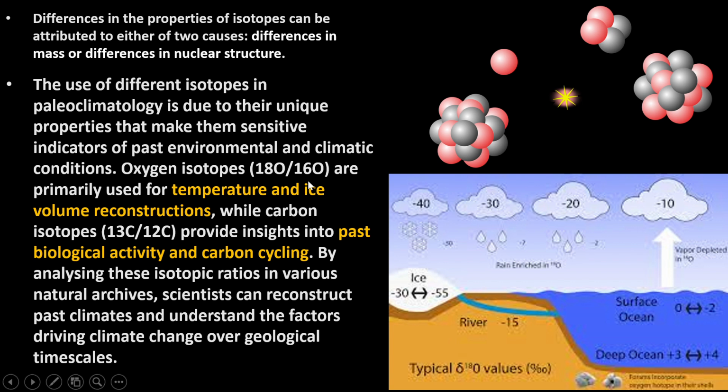Oxygen isotope analysis is primarily used in temperature and ice volume reconstruction, while carbon isotopes show past biological activities and carbon cycling. Both are used for paleoclimatic reconstruction, whether the temperature rises or falls, whether there is global warming or global cooling.